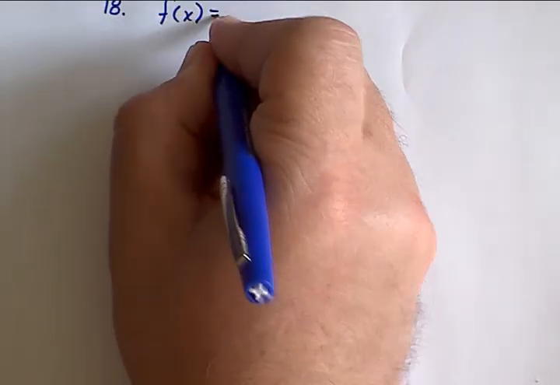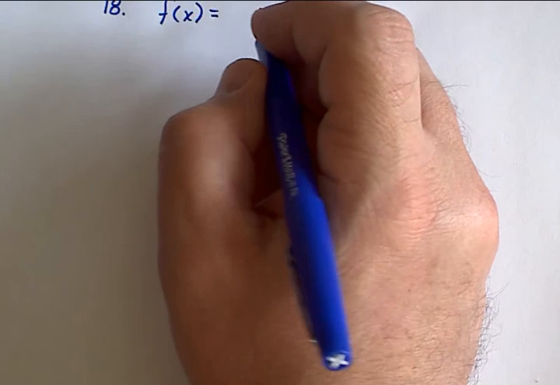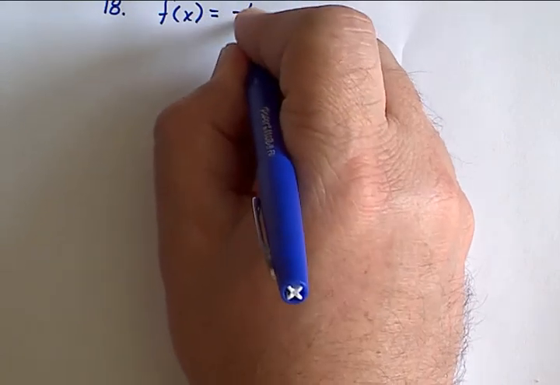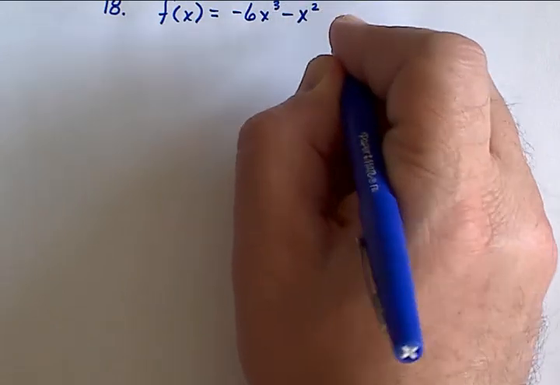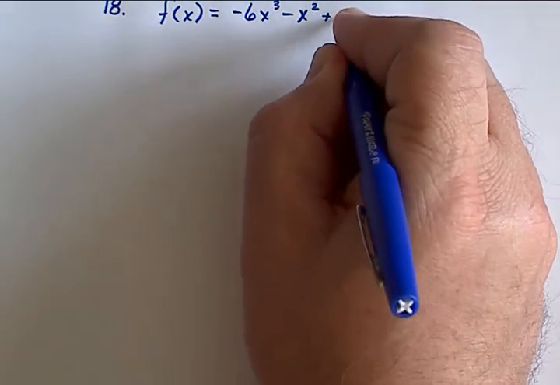So number 18 says f of x equals negative 6x to the third minus x to the second plus x plus 10.